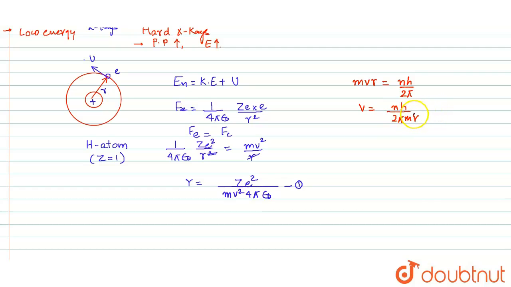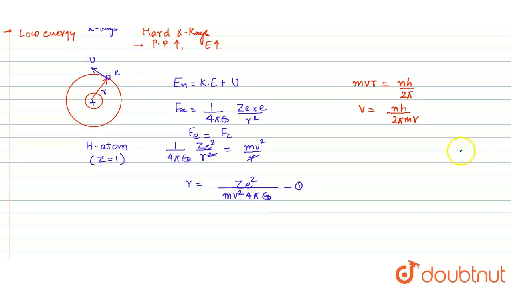Now from this equation we can put the value of r from equation 1, and then we will get the value of v. So let us put the value of r here.